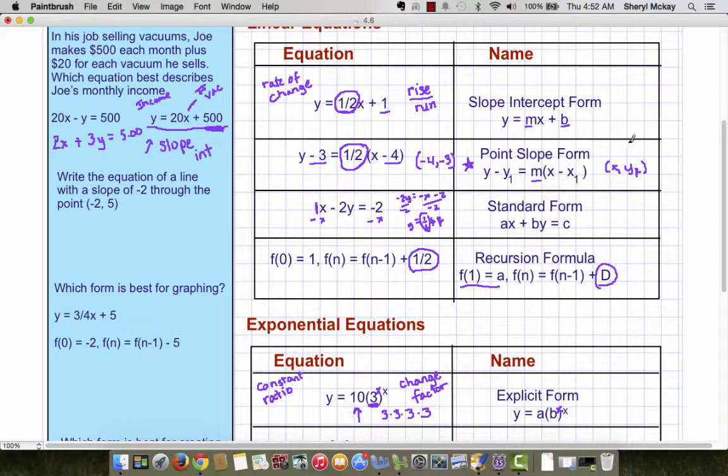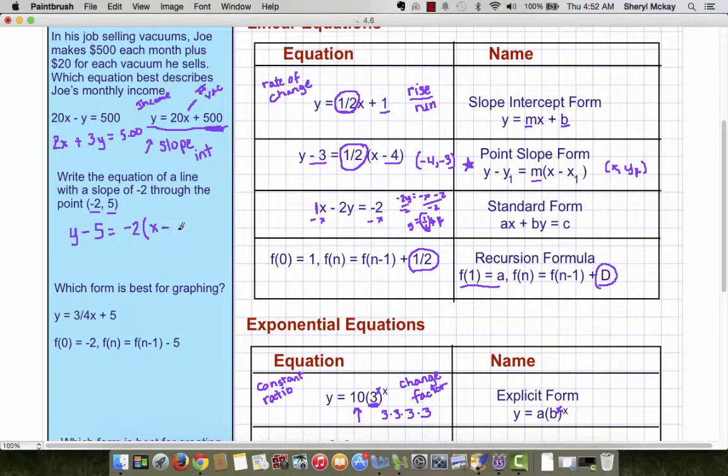So if I use point-slope form, I'm going to use y minus y1, which is the y coordinate of the point, so y minus 5 equals m, which is -2, times x minus x1, which is -2.